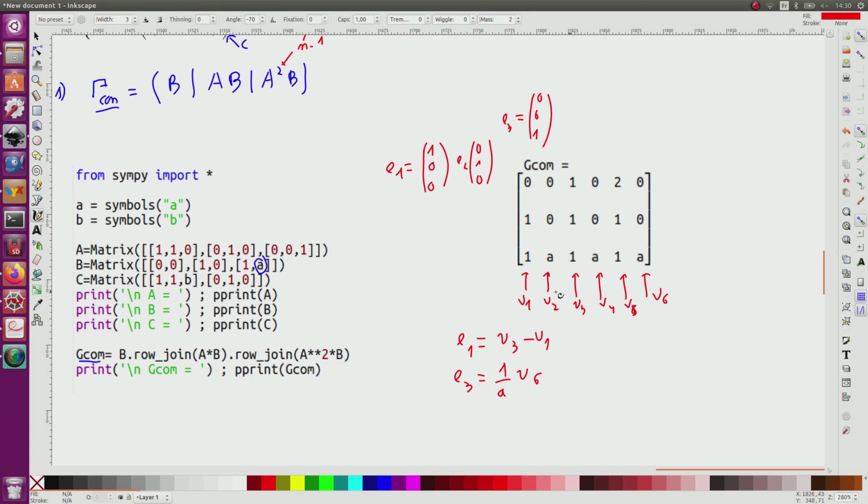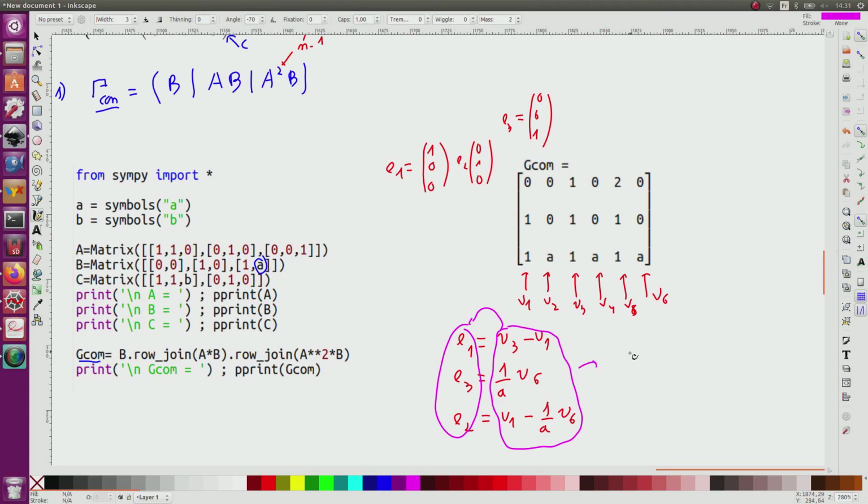Okay, and now using V1 and V6, I can generate E2. So E2 is equal to V1 minus E3, so minus 1 divided by a, V6. So from the V vectors, I am able to generate the vectors from the canonical basis.